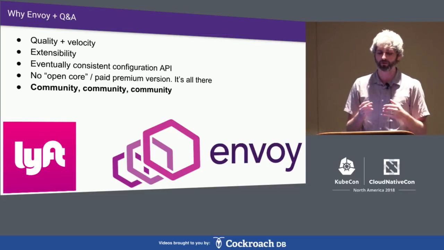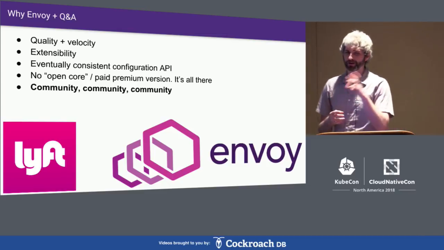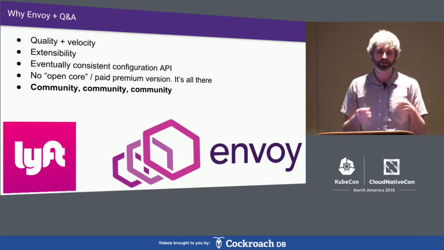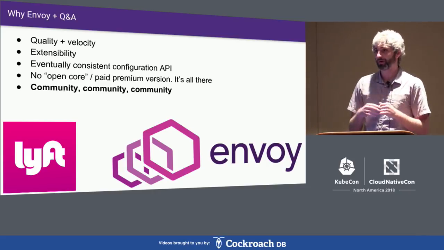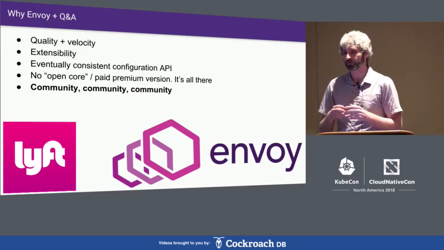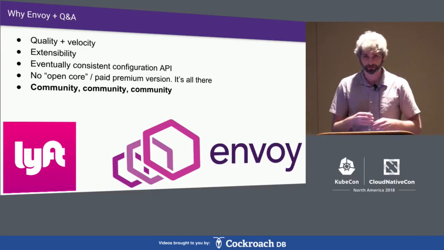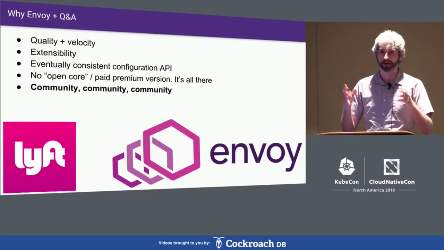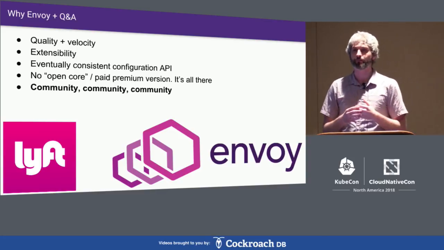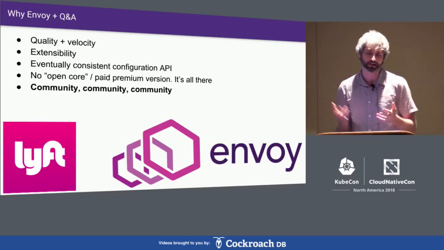We've really, again, focused on extensibility. I already talked about filters at L3 and L4 and L7, but we have lots of other extension points. We allow people to build their own stats plugins and their own tracers and their own retry policies. There's probably 7 or 8 or 9 different extension points right now, and we're always adding new ones.